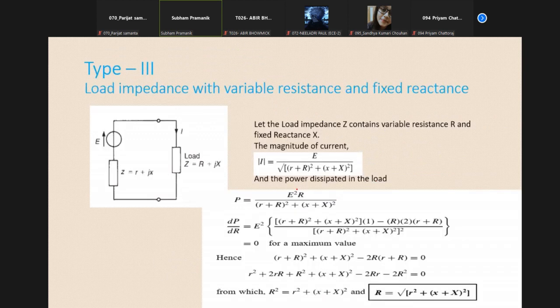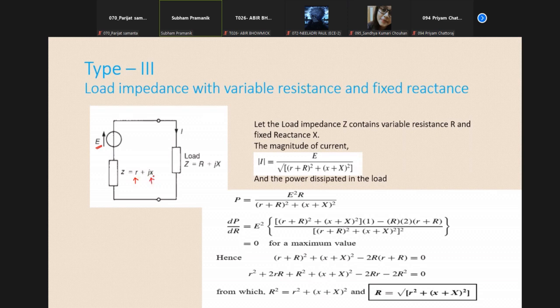Next is this, type 3. See the circuit configuration here. There is a voltage source of value, say E. Here the source impedance has components like small r and small x.